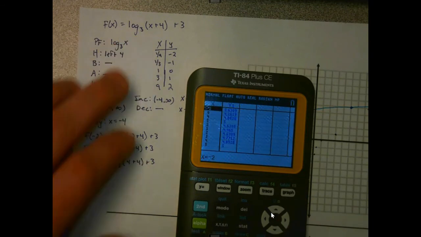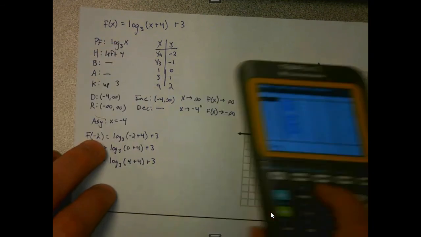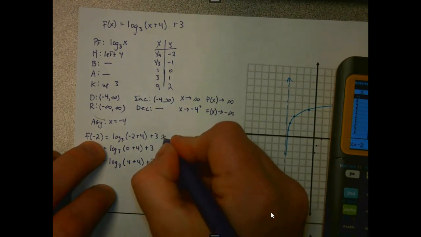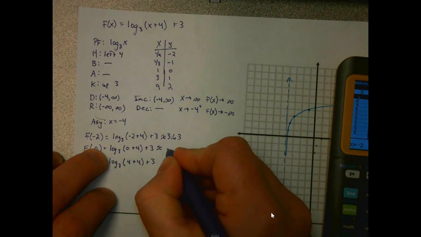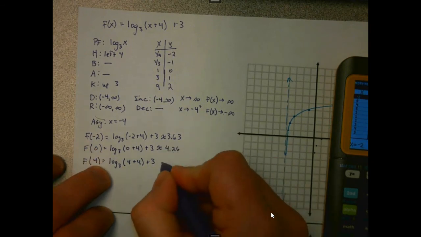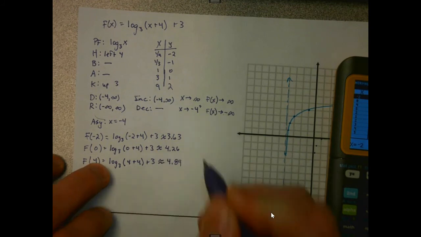Look at that table. And -2 would be about 3.63. 0 is going to be about 4.26. And 4 is going to be about 4.89.